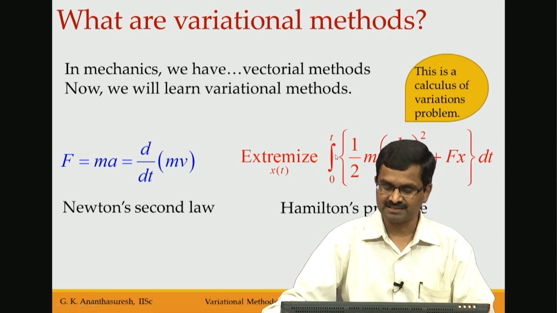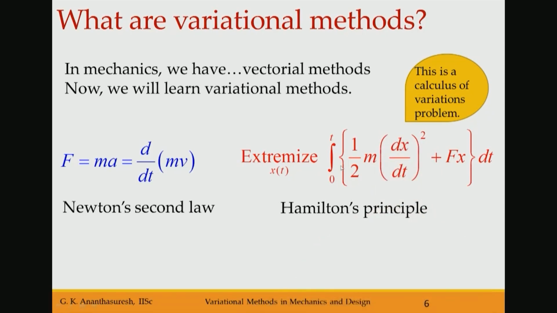What that means is that you are looking at a quantity for varying values of the function, meaning actually different functions, not just varying values. There is x1(t), x2(t), x3(t), x star(t), several functions. You are selecting one of them to extremize a quantity. Okay. For that you need to understand the concept of variations.